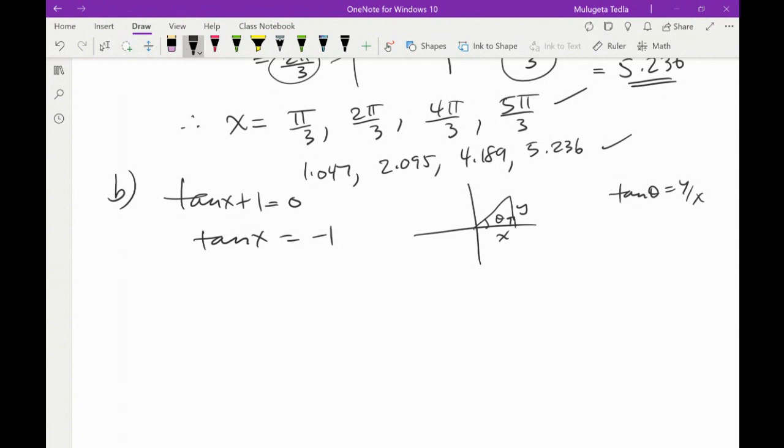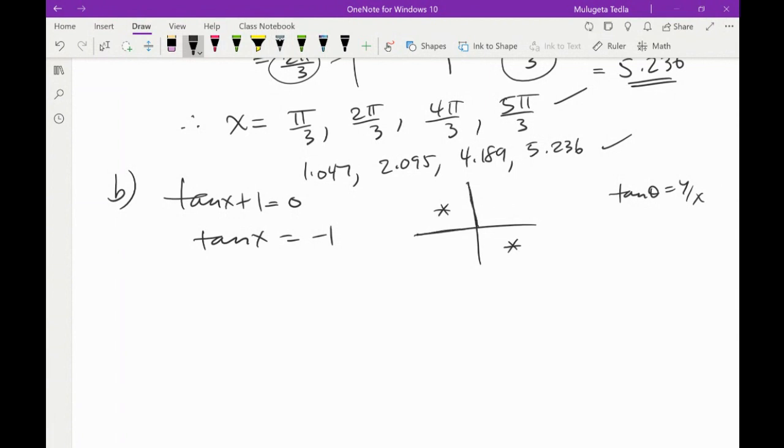But when are y and x opposite? Because we want negative. So if one is positive and the other is negative, that happens in the second quadrant and in the fourth quadrant.